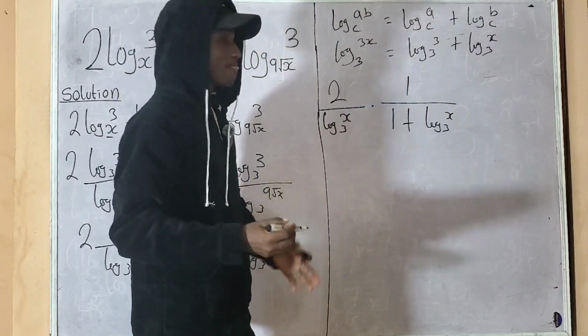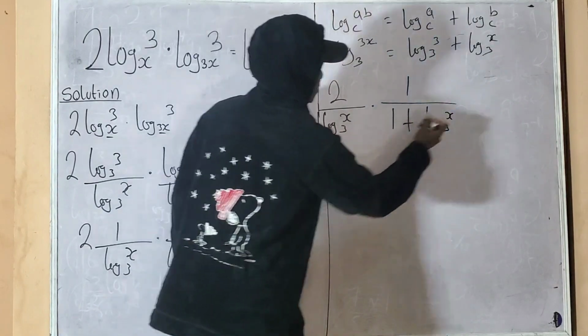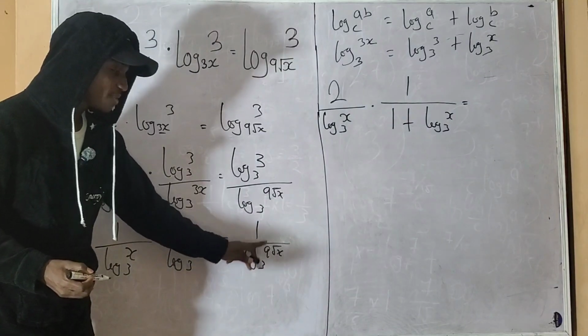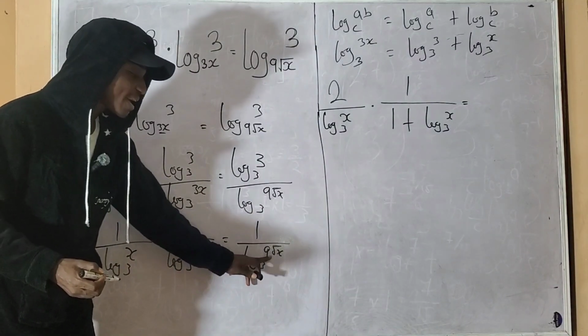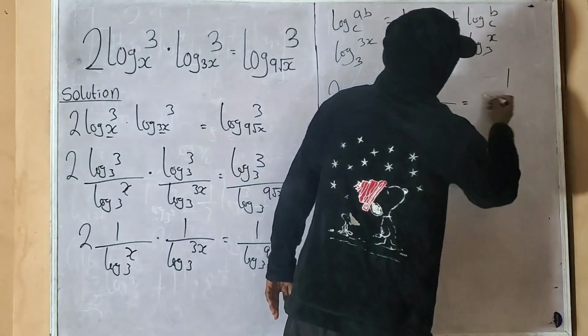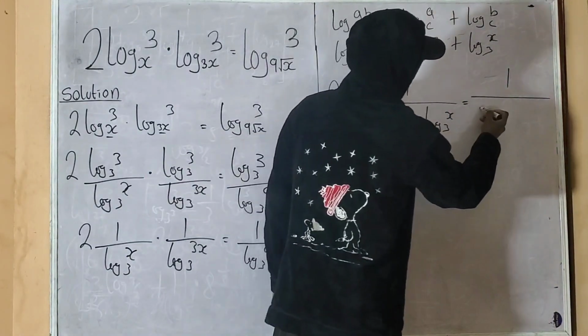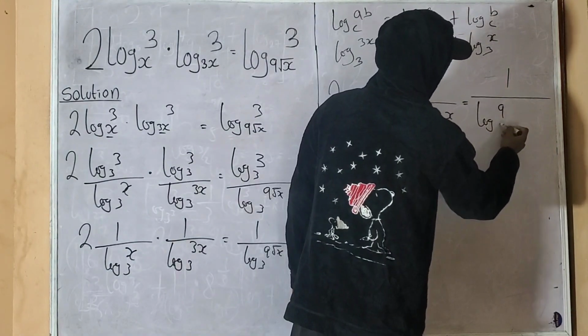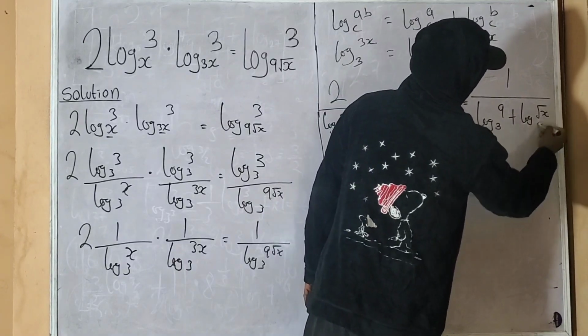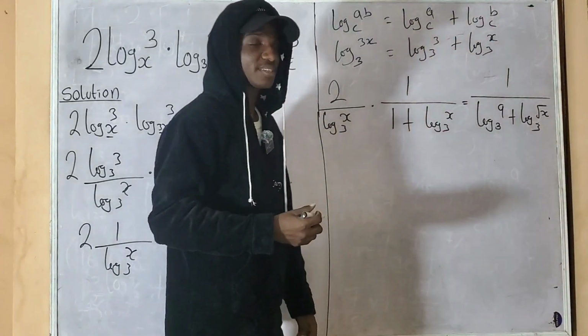Do you understand? Okay, so this will be equal to, now look at this also, we are having 1 divided by log_3 9√x. Log_3 9√x can be written as log_3 9 plus log_3 √x.